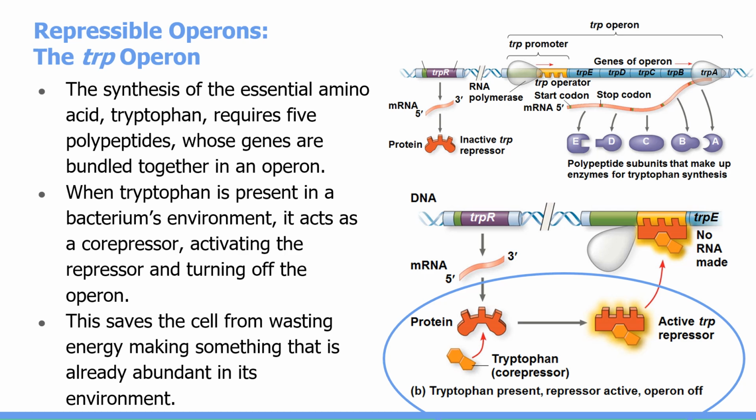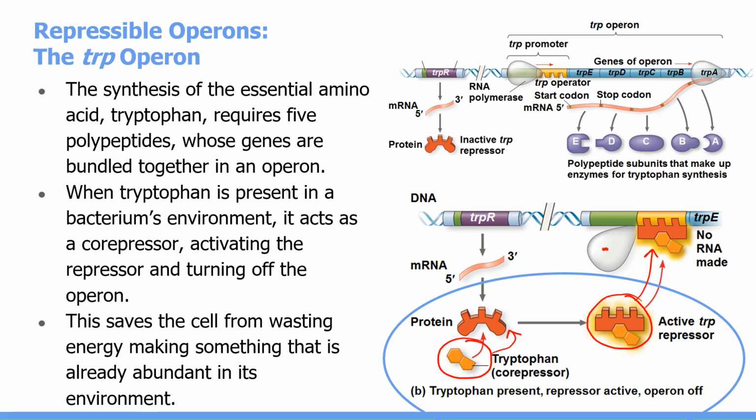So tryptophan can act as a co-repressor. Once there's enough tryptophan in the bacteria's environment, it can act as a co-repressor and activate this repressor protein, and then that repressor protein can bind to the operator, which will block RNA polymerase right here from transcribing the genes.